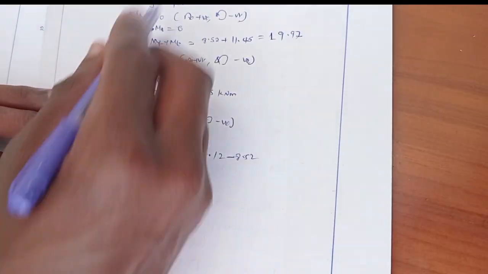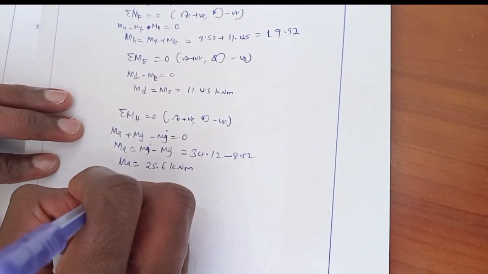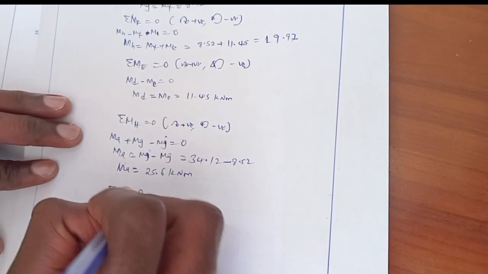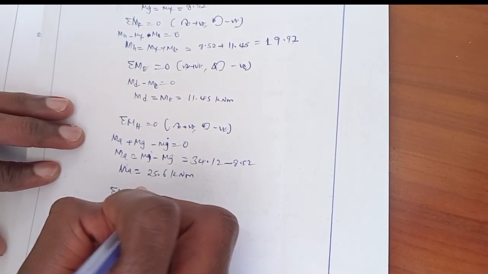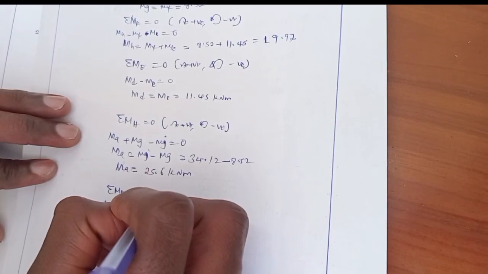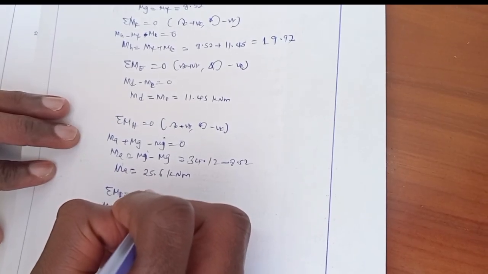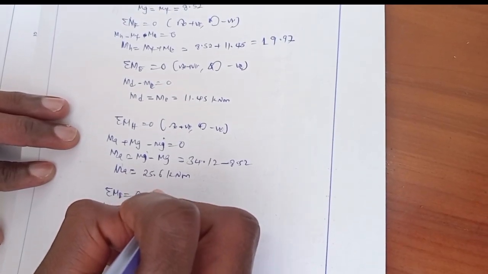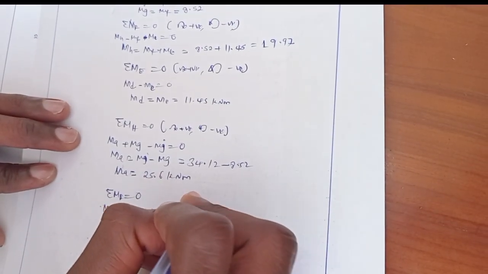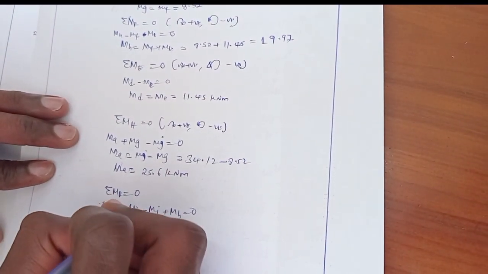Here we have MB in clockwise direction minus MY in anticlockwise direction minus MJ plus MH is equal to 0. So MB will be MY.